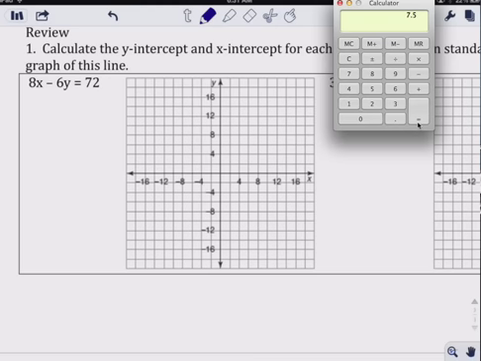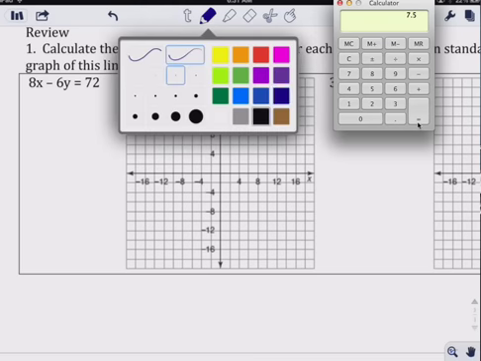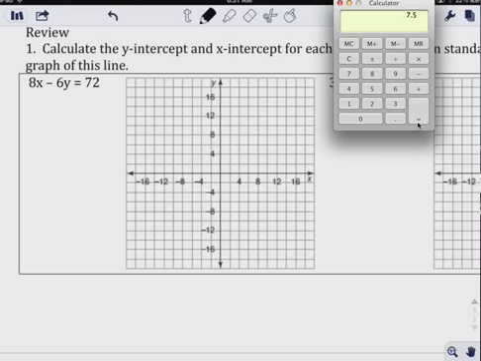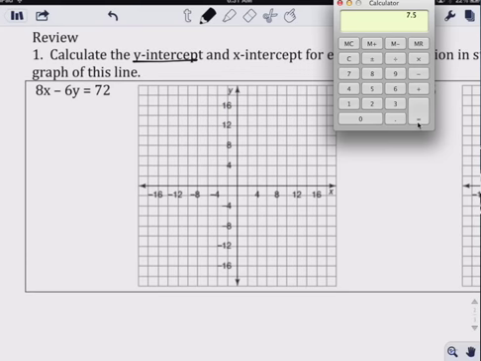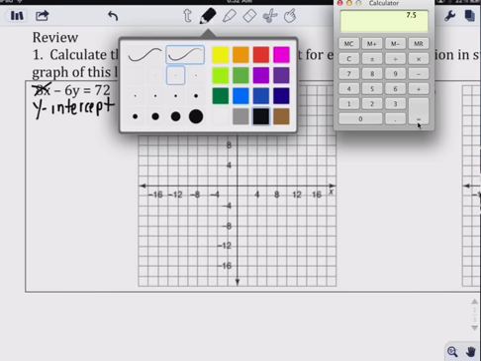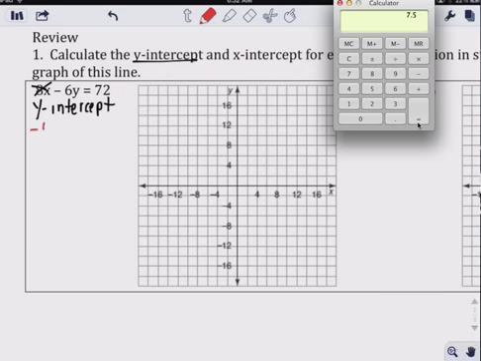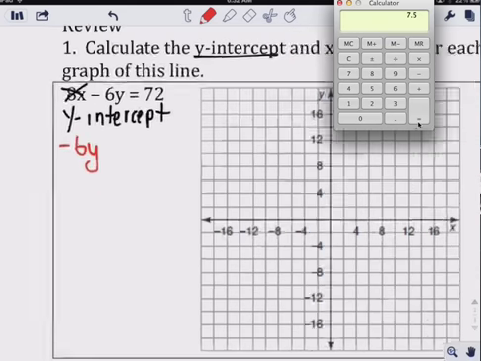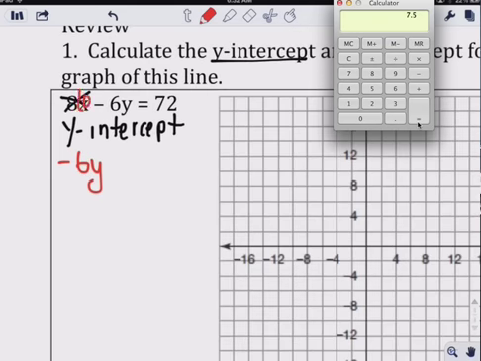Calculate the x and y intercept from each line. Okay, remember, y-intercept. X is not there. Oh, X is not there, sorry. Put it here. That leaves you negative 6y. That's gone because it's 0 here, guys. 0 times 8 is 0.